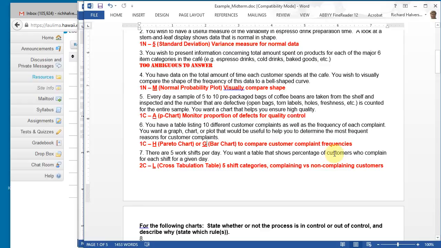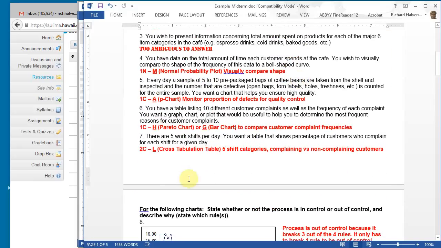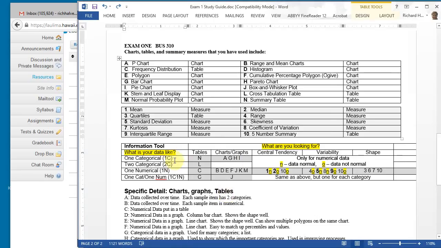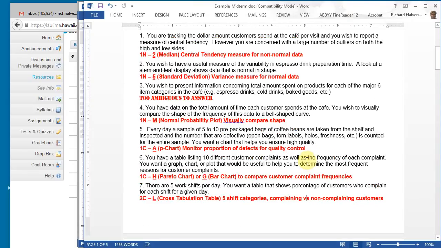So we have this customer category. They either complain or they don't, and then we have the work shift. So that's 2C, 2 categorical, and we want a table, so that narrows it down pretty much. The 2 categorical table is L, which is the crosstab table. So that is the answer to number 7.